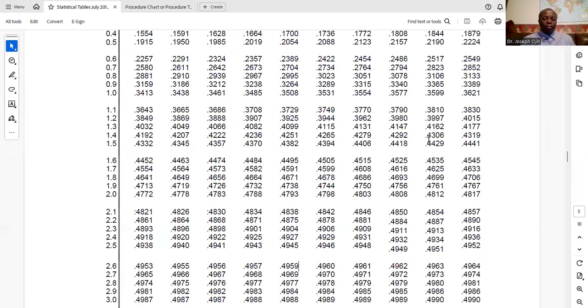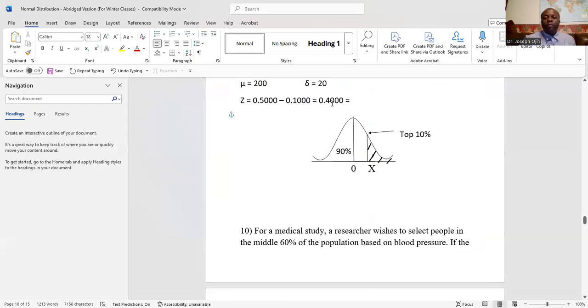I'm going to write this down. Which of them is closest to 0.4000? Let's ignore the decimal point and call it 3997, and call our number 4000.